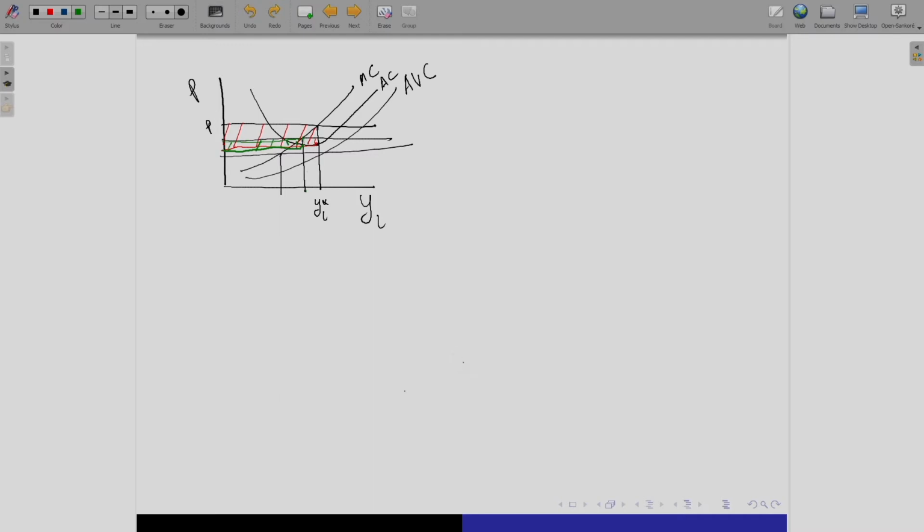When the price is this, the optimal output is this much, and at this output the average cost is this, so this box is the loss, right? So we get what? The optimal output is always on this curve, and this is the marginal cost curve, and this is also the supply curve of a firm. Okay, this we have done in the last class.